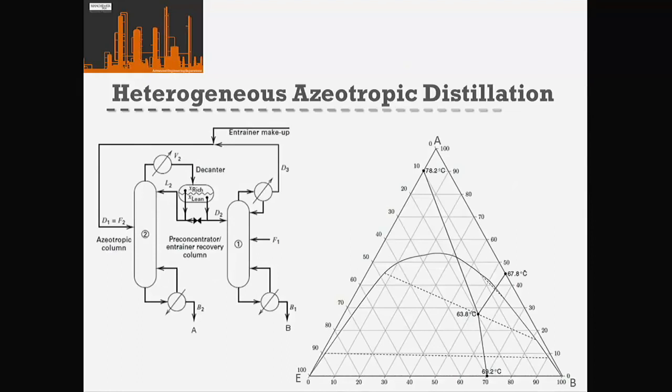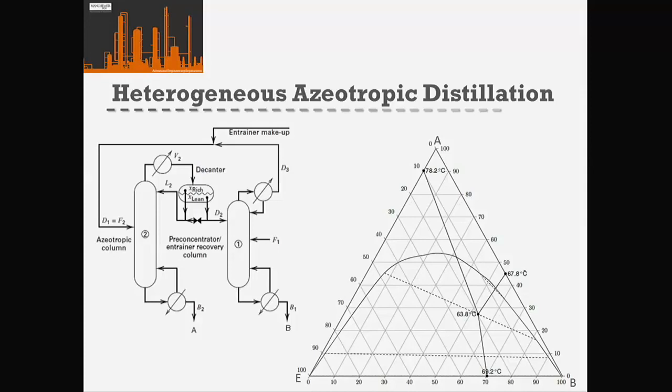Okay? So this is an example of such a system. We've got our component A and B, and you can see that we have our azeotrope between them, and we have our entrainer or solvent added, but we've got distillation boundaries that are essentially blocking off the region where we can get pure A from the region where we can get pure B and the region where we can get our pure entrainer.